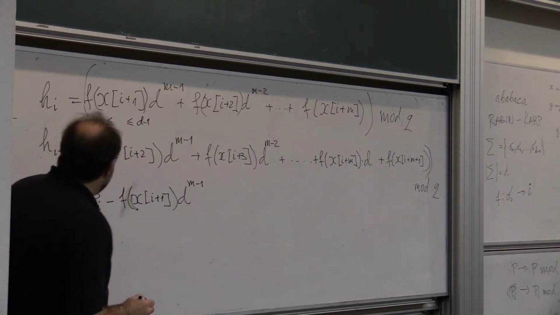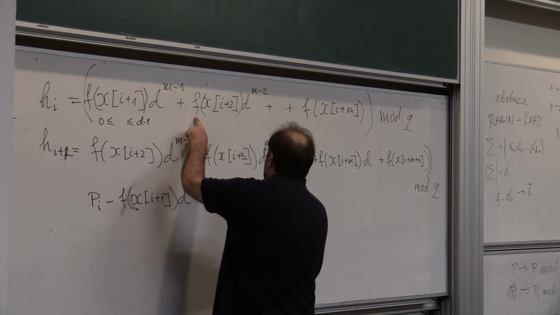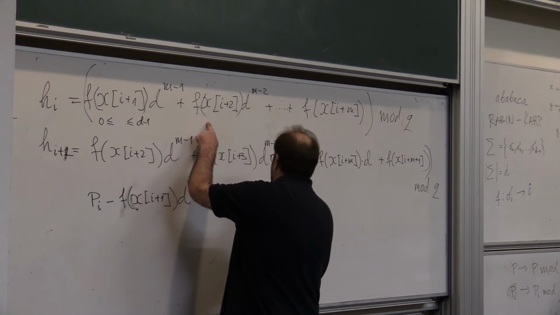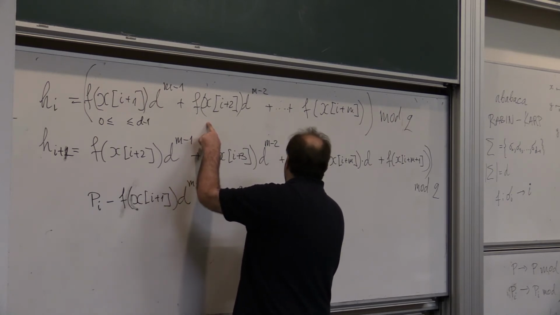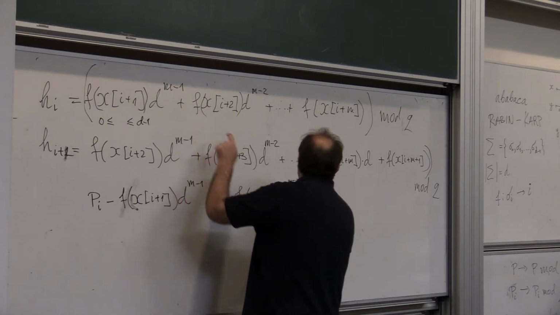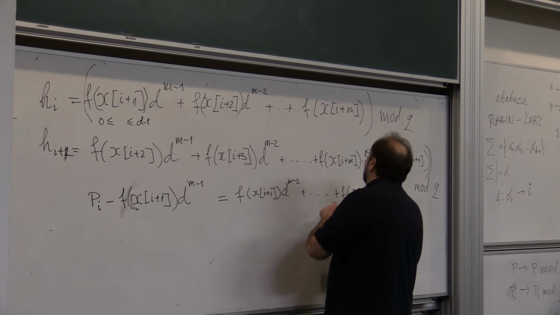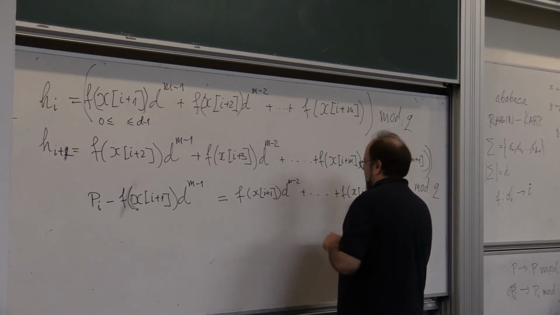And what is then this? Well, this will be precisely the sequence f of x I plus 2 times d to the m minus 2, plus all the way plus f of x I plus m.